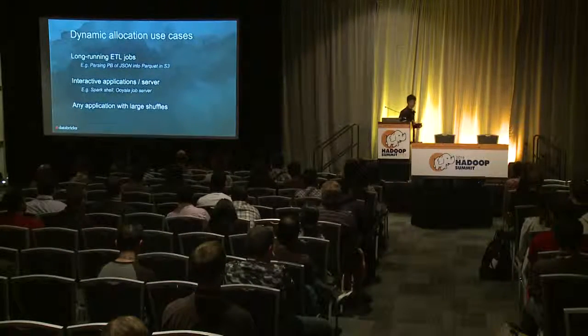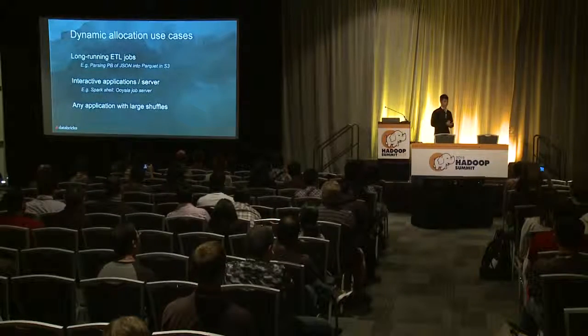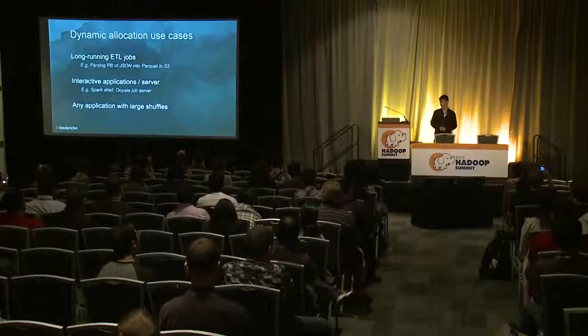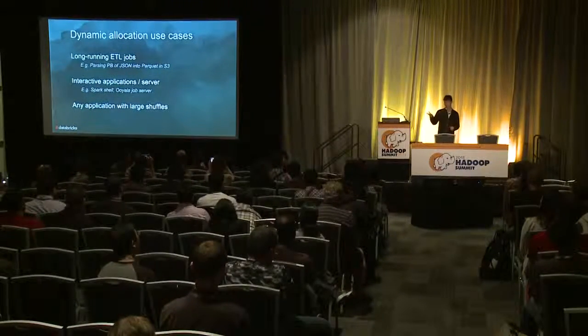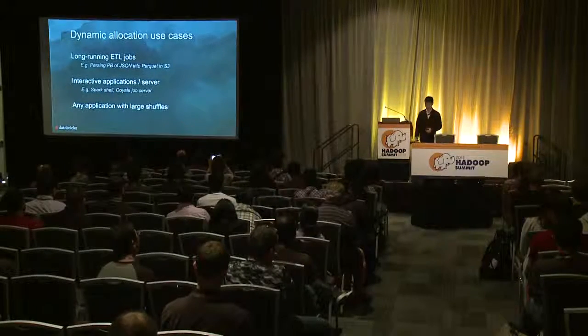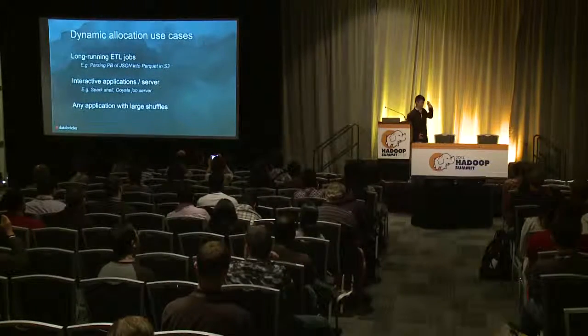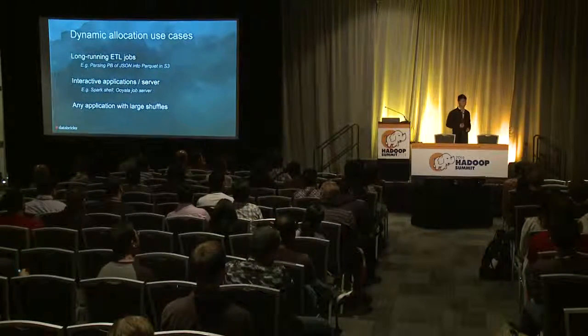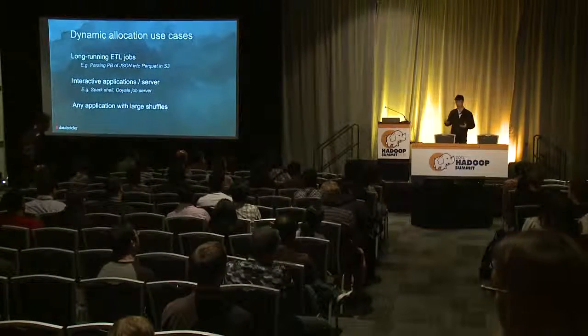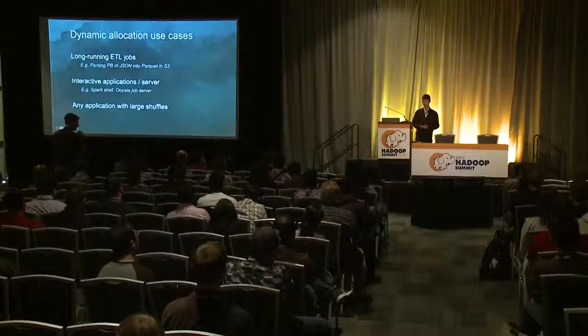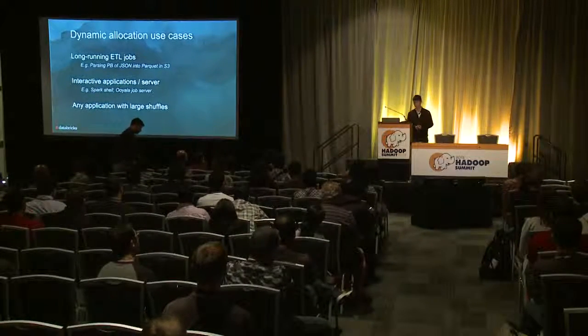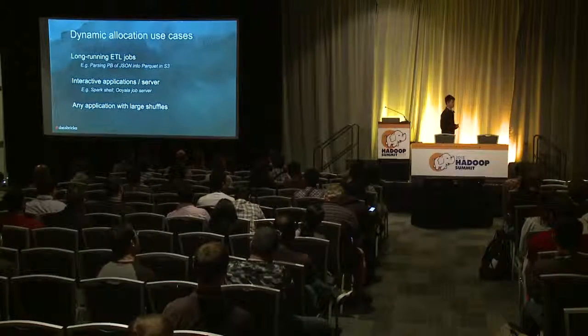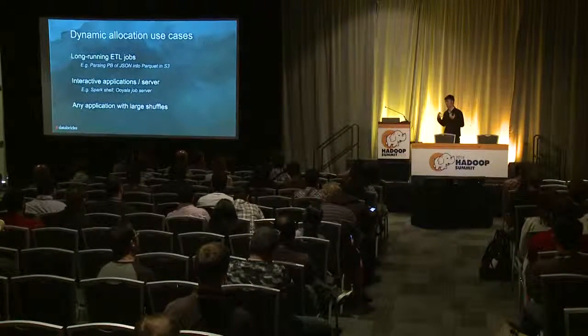Lastly, it also works very well with any applications with large shuffles. And the reason behind this is similar to the first one, which is that, by the way, in Spark, a shuffle is an all-to-all communication across your machines. So there's a lot of network latency involved, and there's a lot of disk I/O because you have to write a lot of shuffle files to send them across.